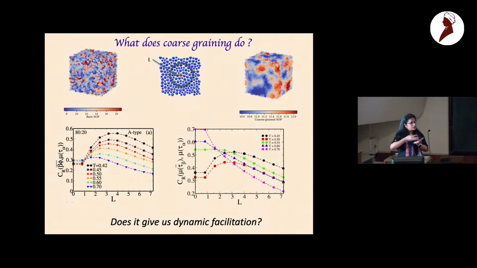It can be a facilitation to slow down your dynamics, or a facilitation to speed up the dynamics, but either way the neighbors will start contributing to your long-time dynamics, and the same length scale that we get from here comes out from this thing.